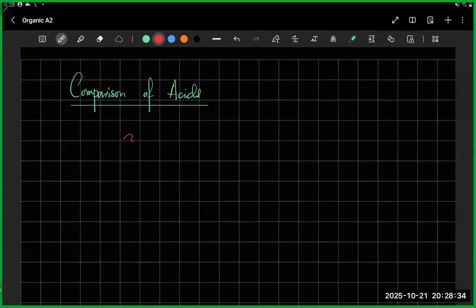As a comparison of acids, first thing is how many acids you've got? You've got alcohols. Okay, so for comparison, we're keeping water. Then we have phenols.